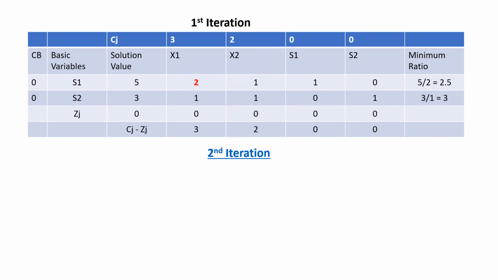So this was my first table. I am trying to make the second table based on my first table. Always remember that my first table is based on my standard form. My second table is based on my first table. My third table is based on my second table and so on. Okay. So let's make the second table based on my first table.